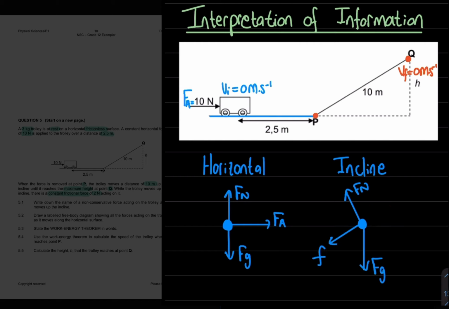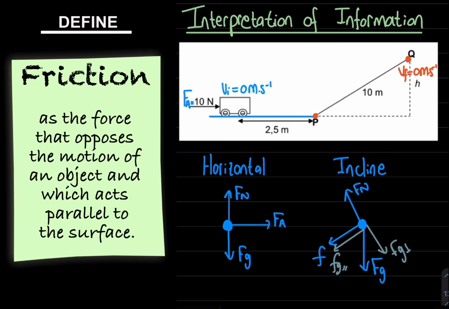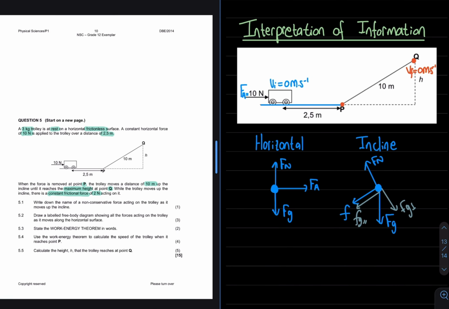Gravity we can split up into Fg parallel as well as Fg perpendicular. On the incline, friction is working down. The reason for this is because my displacement is still up the plane, and friction is always opposite to the direction of motion. Now that we've summarized the information given, we can have a look at the questions.